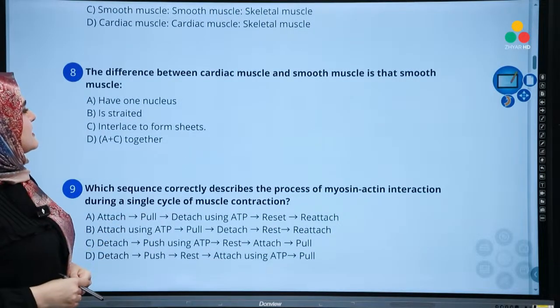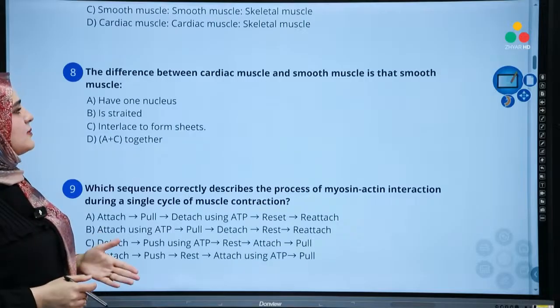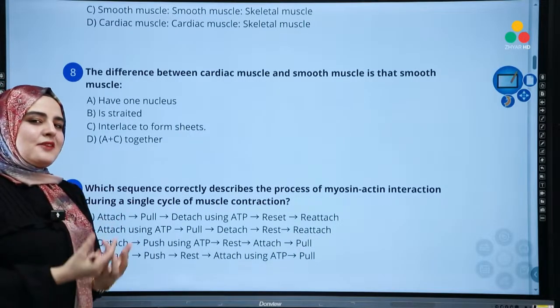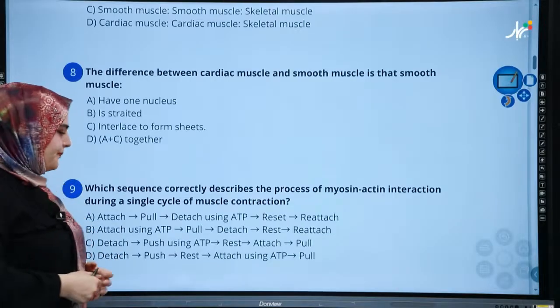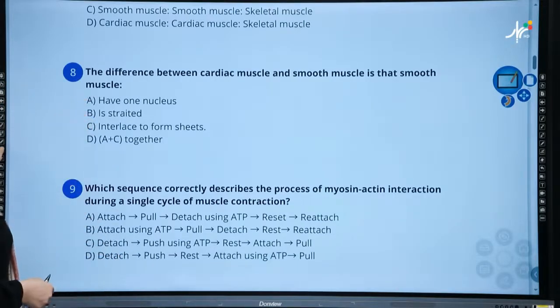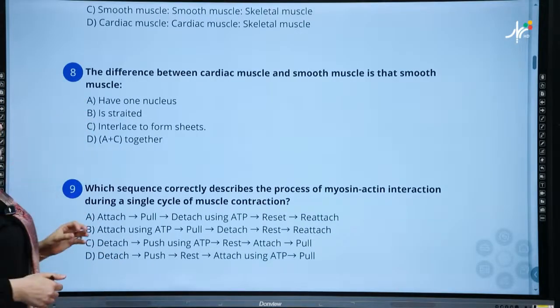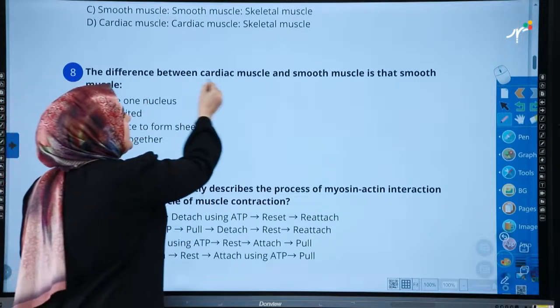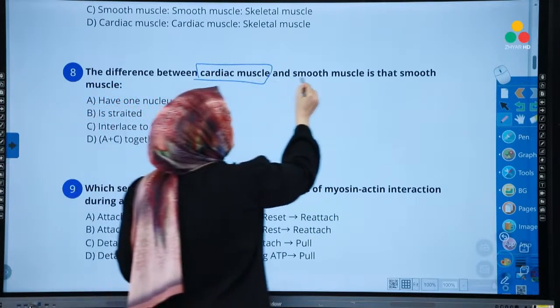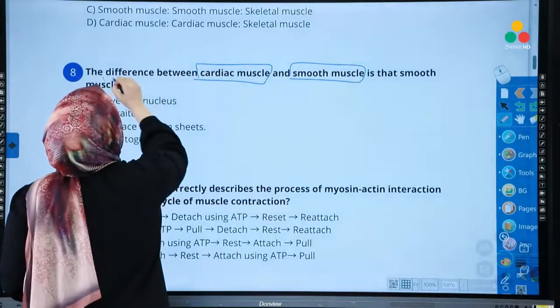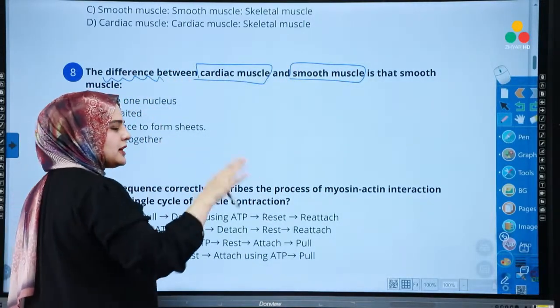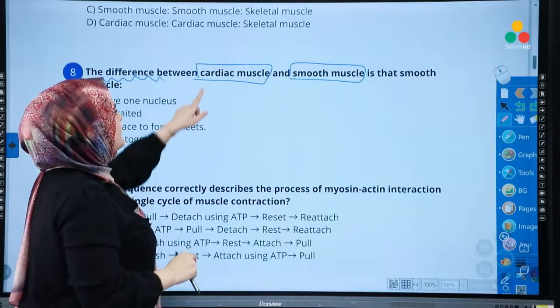In question 8, it says the difference between cardiac muscle and smooth muscle is that smooth muscle, see, this is not very hard, but there is a trick here. In questions like that, the way it's rephrased, it requires a bit of English proficiency. If you see that something is mentioned like that and asks you for the difference, or similarity, most of the times it is about the differences.